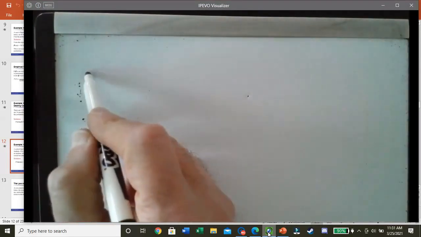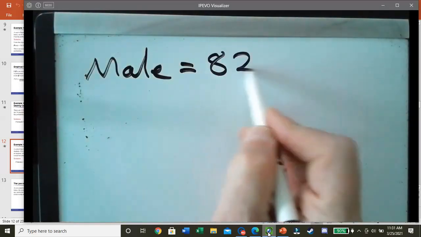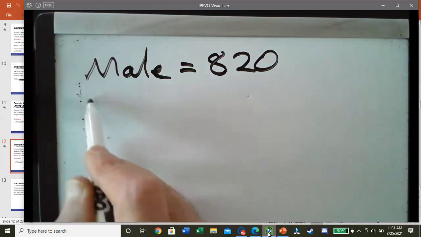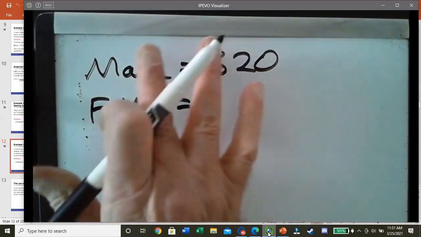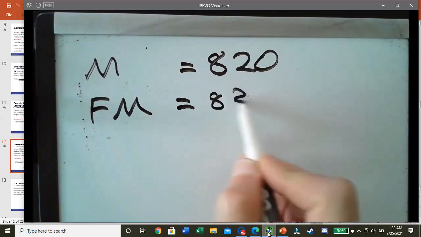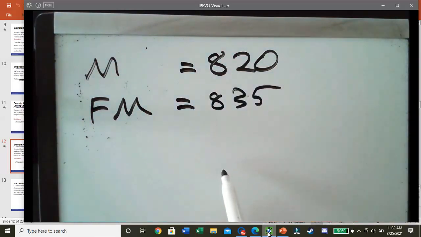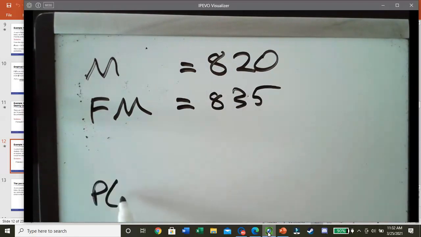So here at Livingstone, let's say we had 820 males, and females, we have 835. I'll just use M for male and FM for female, and we want to know what is the probability of selecting a female.